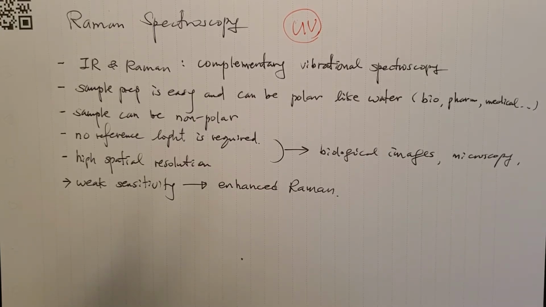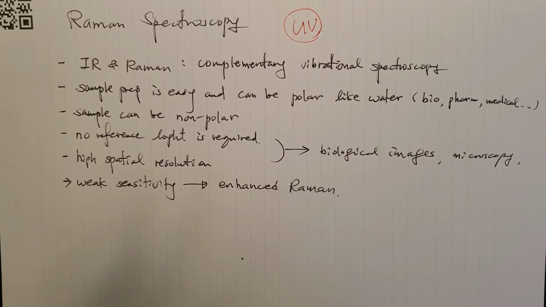Also, Raman's selection rule is different, so the sample doesn't have to be polar. I mean, it could be polar, but it doesn't have to be, and Raman picks up good signal of some vibrational modes from nonpolar molecules as well.